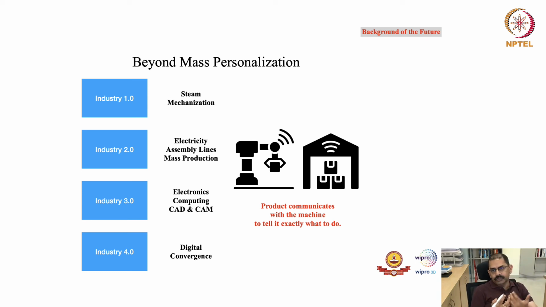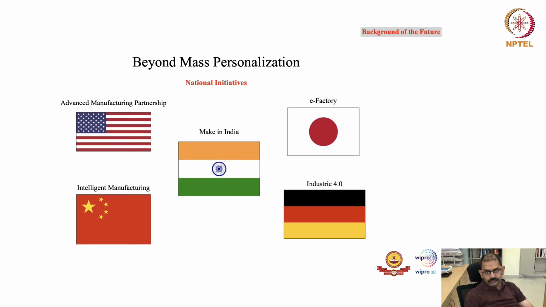When we talk about IoT or IIoT, that is something we may be thinking of, right? When we talk about blockchains, I think we again may be thinking of something similar. So in this case, the communication is not just machine to machine. It may also be between the product and the machine, right? So that is something which comes as part of digital convergence, and this could go beyond mass personalization, right?